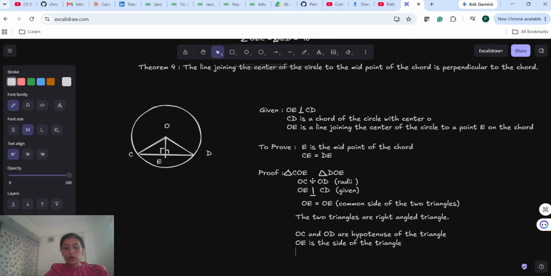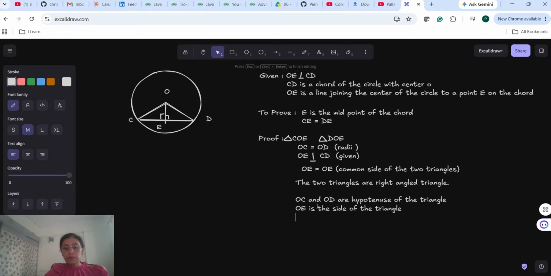And we have already seen, because OE is perpendicular to CD, that OED is equal to OEC.